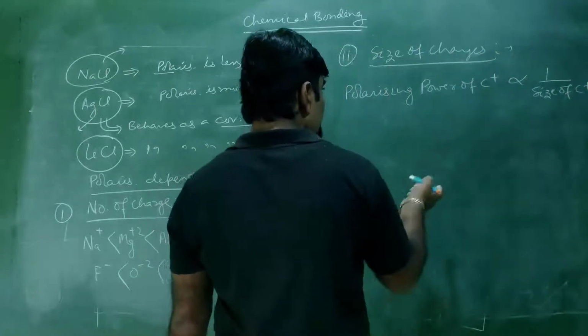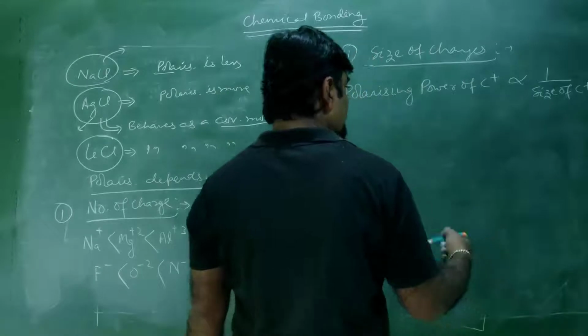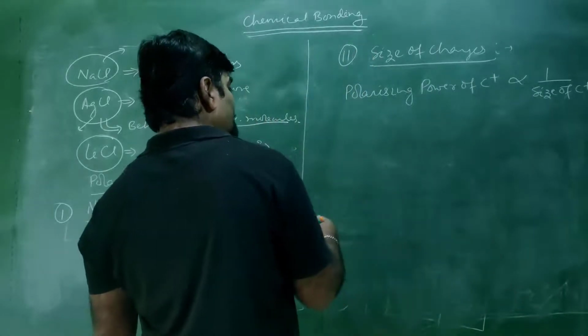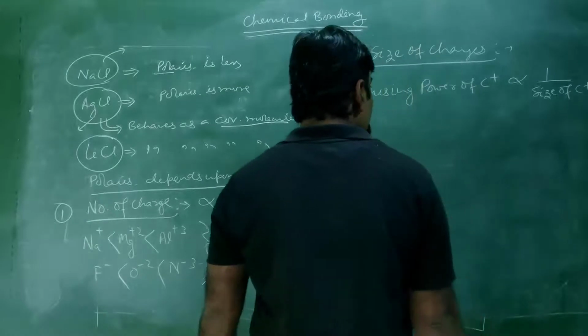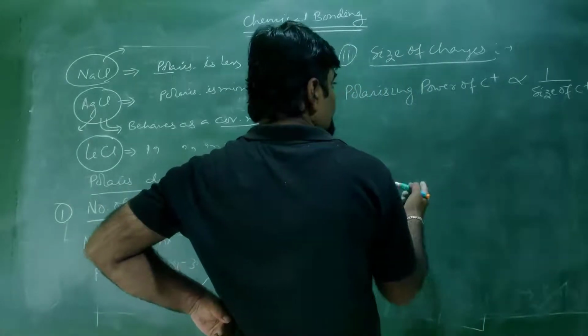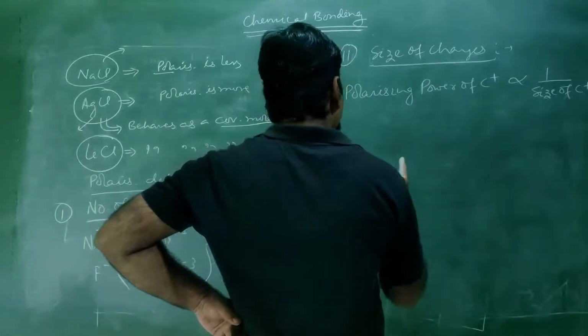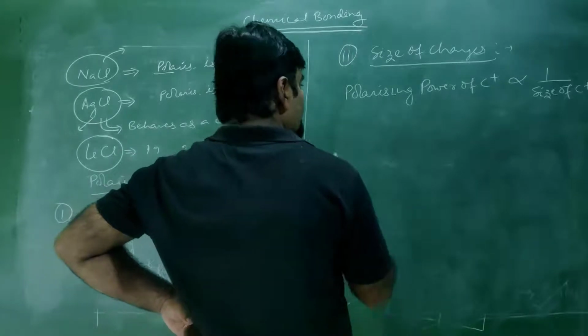Smaller cation, greater polarizing power. Bigger cation, lesser polarizing power. As the size of cation increases, polarizing power decreases.